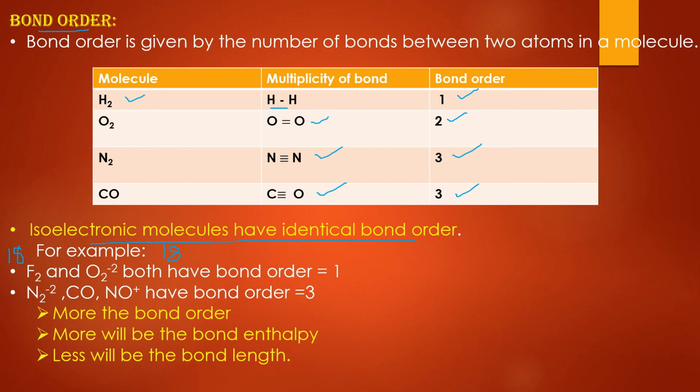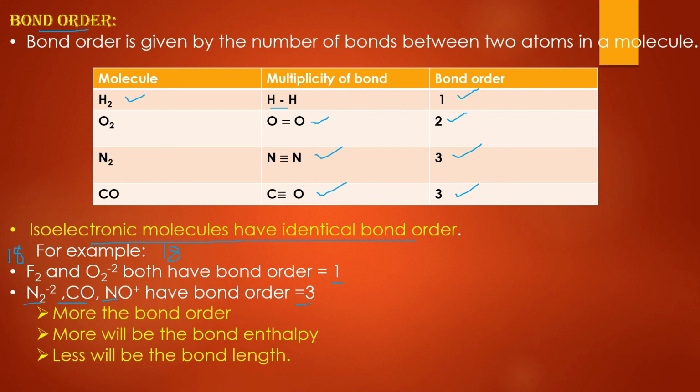In fluorine there is a single bond and the bond order is 1, so in O2 minus 2 again the bond order is 1. Similarly N2, CO and NO plus, they all have bond order 3 because they all have 10 plus 2, 12 electrons, and hence they are isoelectronic and have the same bond order as nitrogen, so the bond order is 3.